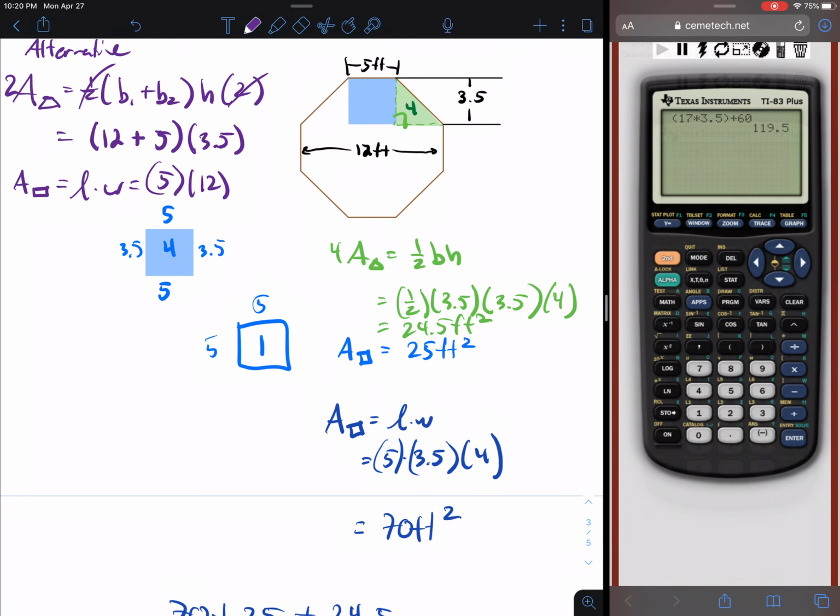Okay, but now I've got different numbers. So more than likely, one is correct and one is not. 5 times the 12, right? 50 plus 10 is 60.